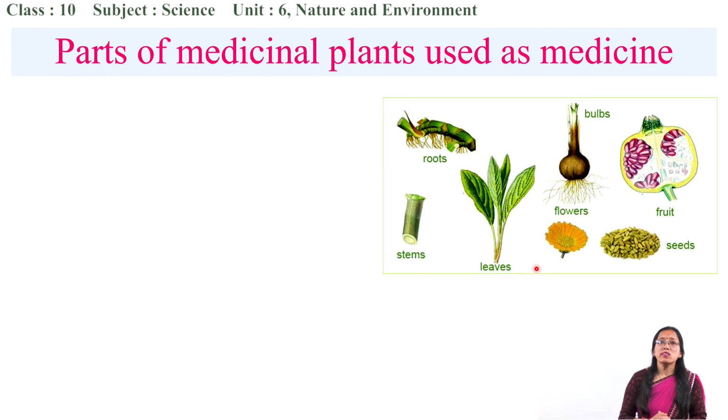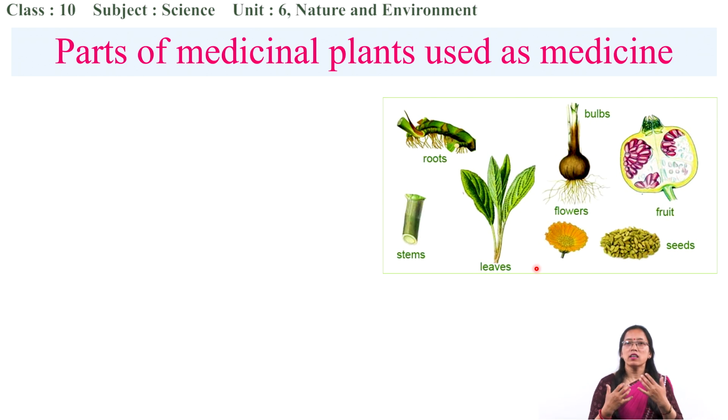Now, what parts of the medicinal plants are used as medicine? Most parts of the medicinal plants are used as medicine, either stem, root, bulbs, flowers, etc. Then which part is used? So let's see.